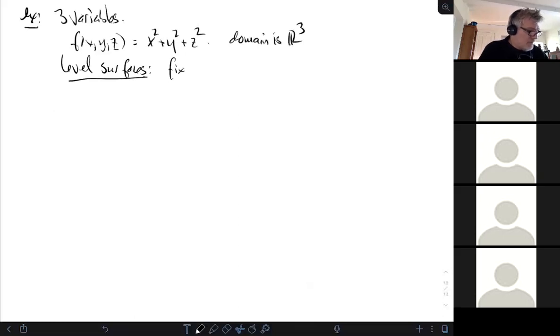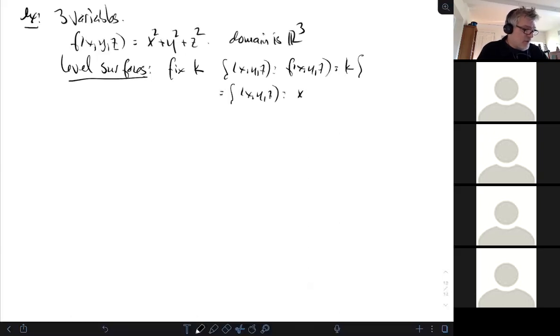I fix some value of k, and I look at all the points such that the function has value k, where the function is constant. In this particular case, this will be where x squared plus y squared plus z squared equals this k.